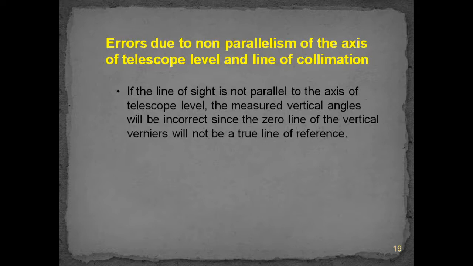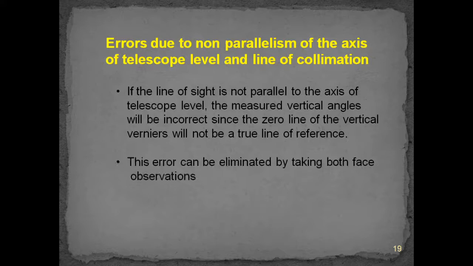If you make vernier C and D read 0, it should be parallel to the line of sight. If not, all measurements will be incorrect, especially vertical angles. Now these errors can be eliminated by taking both face left and face right observations.